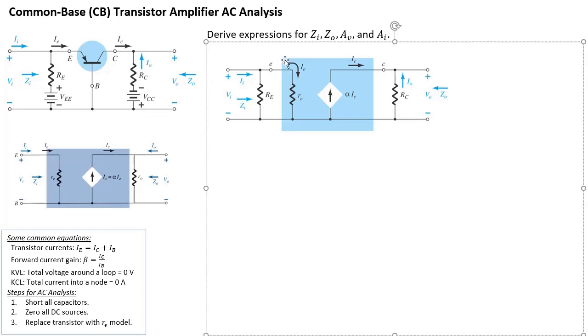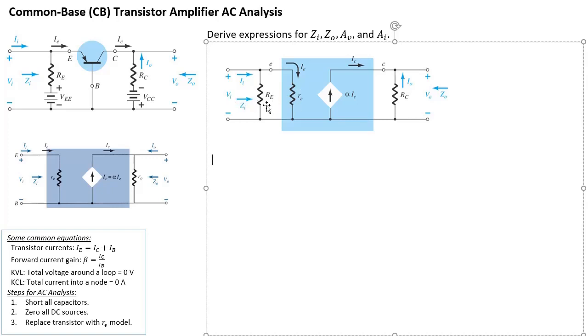We're required to discover Zi, Zo, Av, and Ai. Let's start with Zi, the input impedance as seen by Vi, looking from left to right.